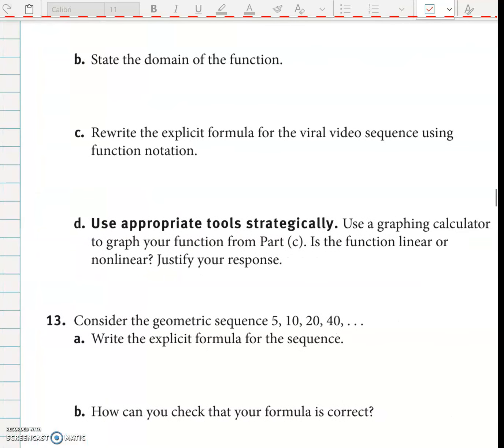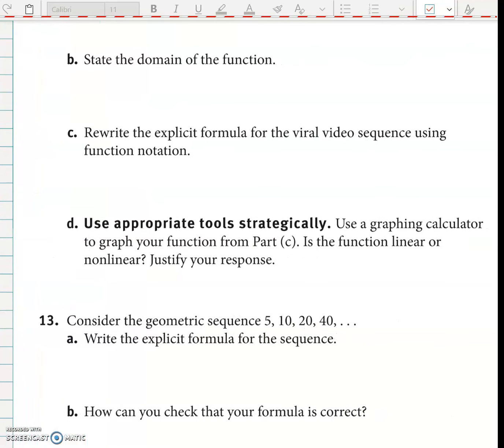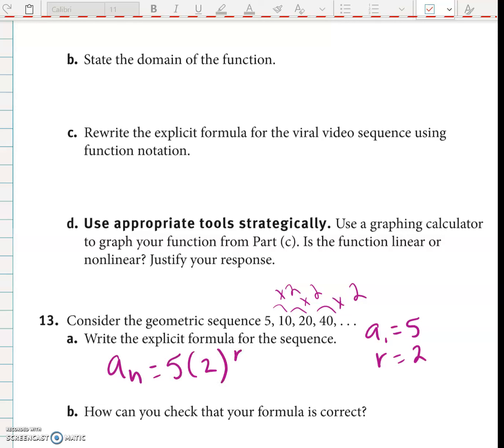Okay, so looking at number 13, given a sequence 5, 10, 20, 40. You can see it tells you it's geometric, so you know you're multiplying: times 2, times 2, times 2. So write an explicit formula. Remember, you just need A1 and your R. So your formula would be a sub n equals 5 times 2 to the n minus 1.